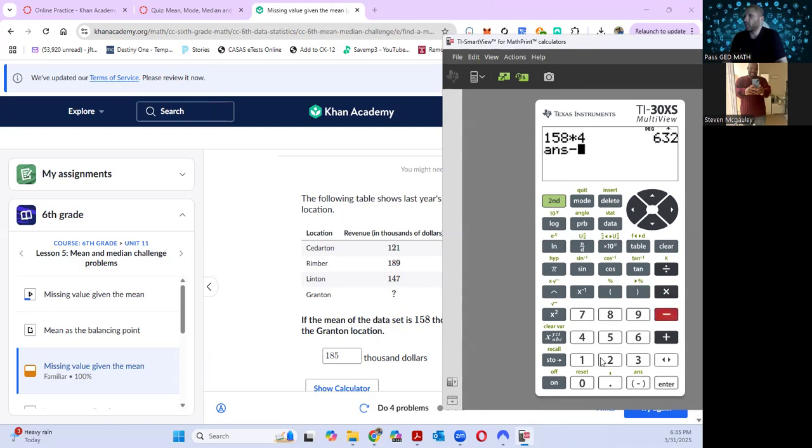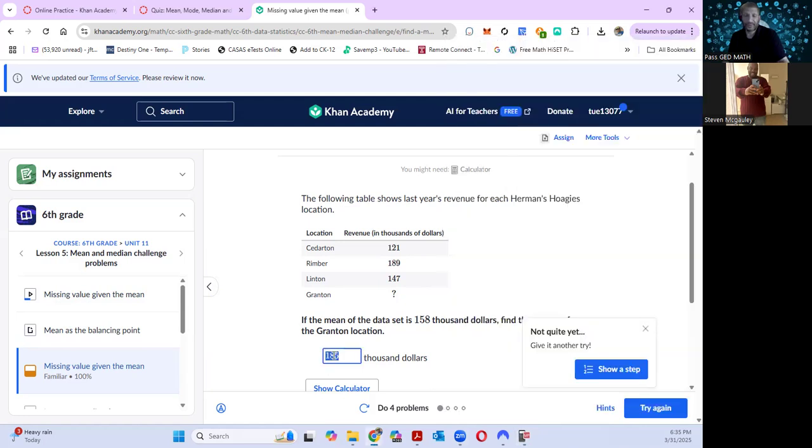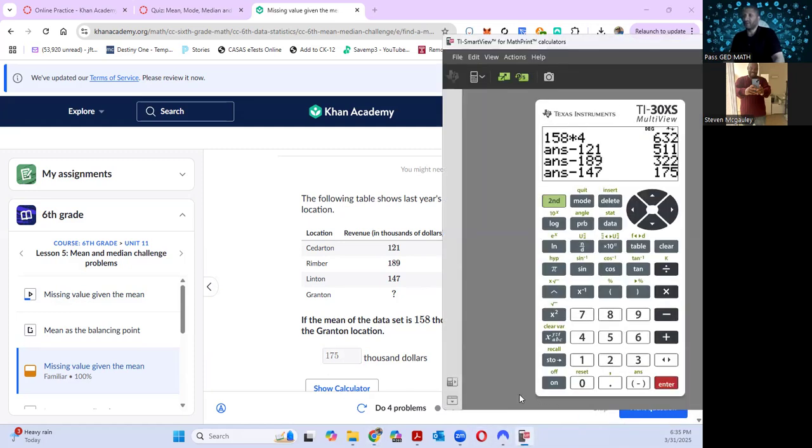Subtract 121, subtract 189, then subtract 147. That's not 185, it's 175. Let's check it. And 175 is the right answer. So that's the small mistake we make. We don't want to make any small mistakes.